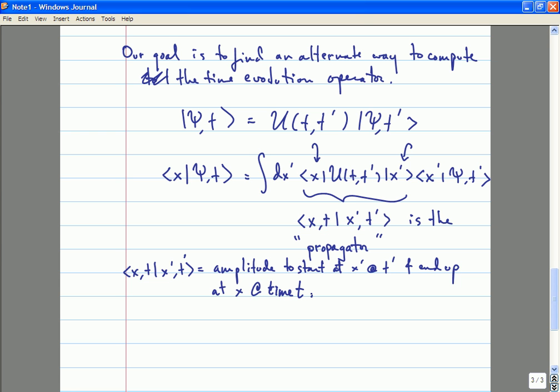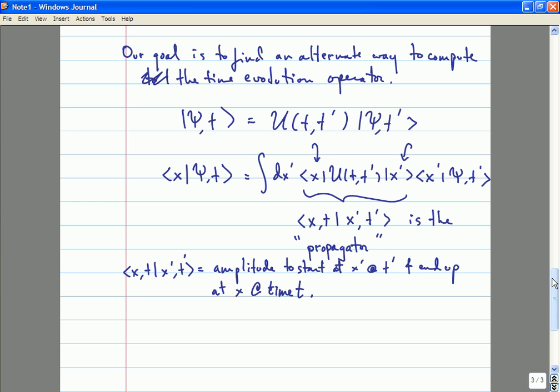And this propagator, of course, plays a very important role, because once you know the propagator, then you know the unitary time evolution operator, and you can figure out the time evolution of an arbitrary quantum state, just by convolving this propagator with the wave function psi.